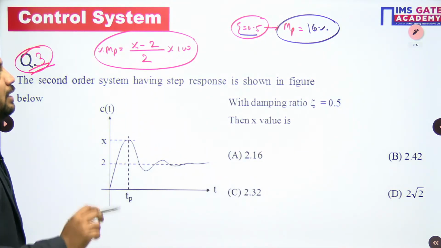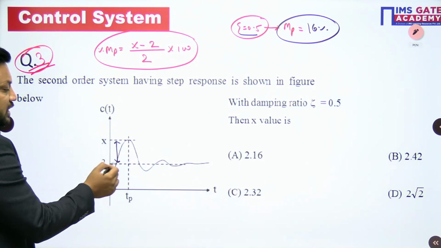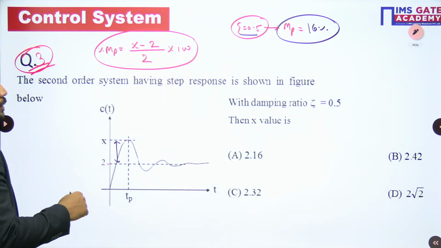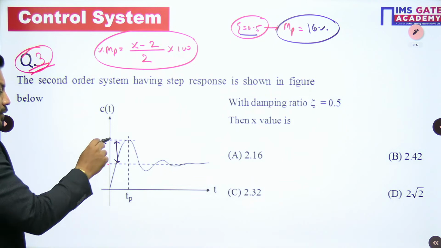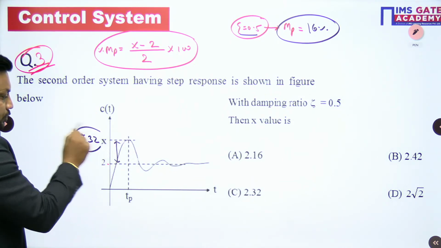And to maintain the MP 16%, this distance should be 16% of 2. It means the difference should be 0.32, so this value should be 2.32. How?